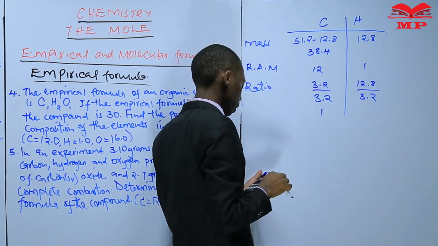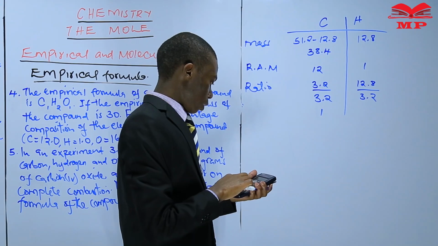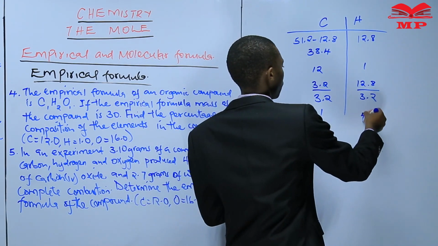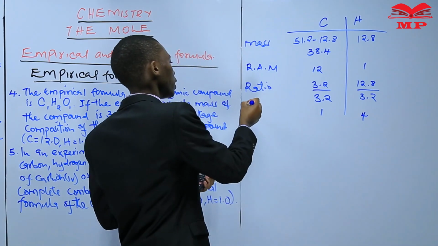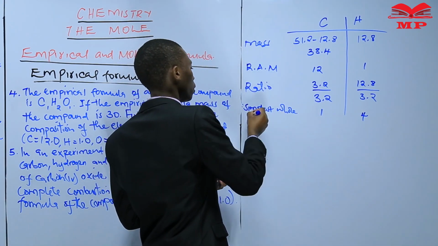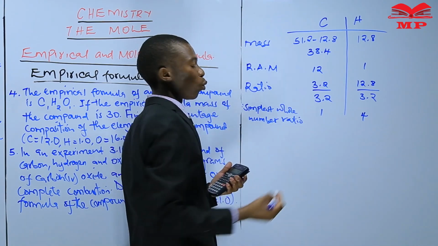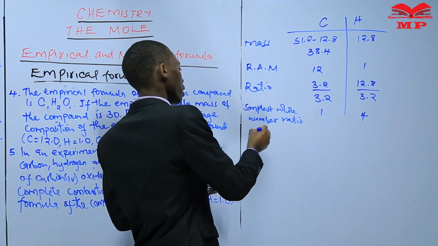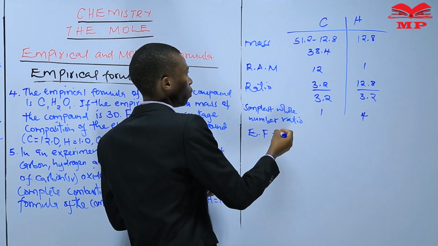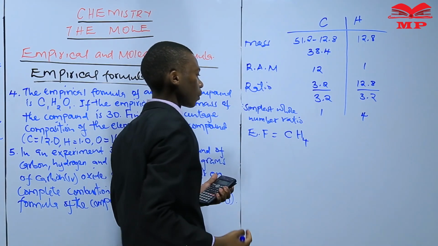This gives us 1, then 12.8 you divide by 3.2. This gives you 4. And therefore, this is the simplest whole number ratio. And therefore, the empirical formula of this compound will be CH4.